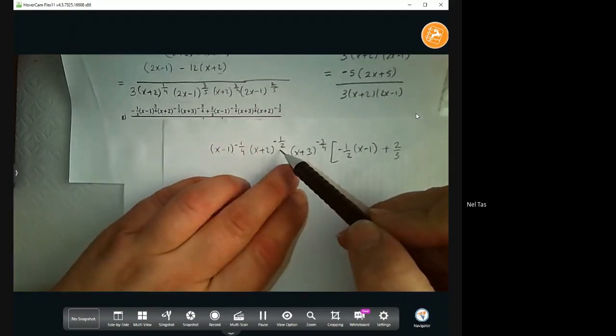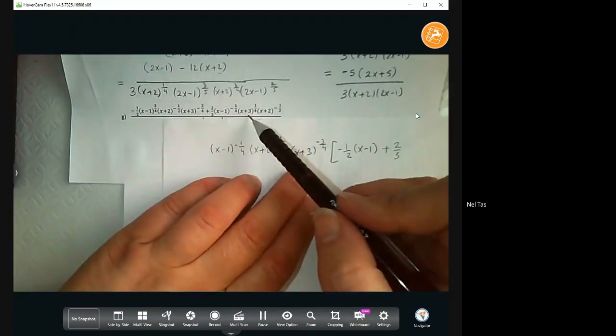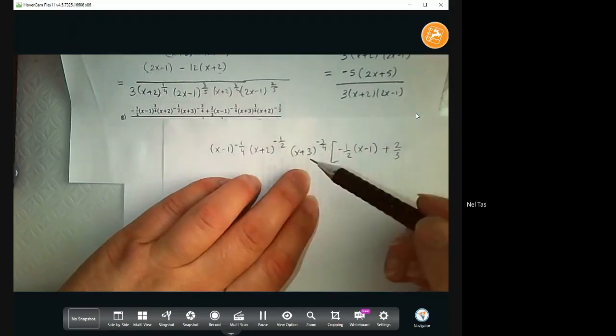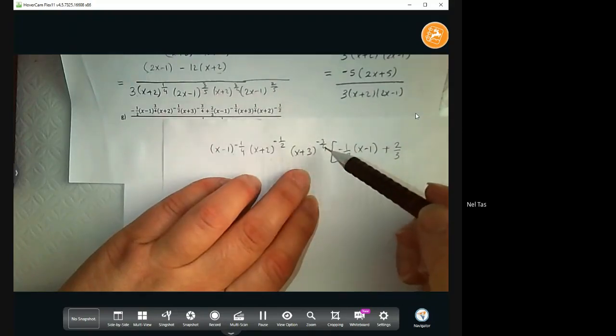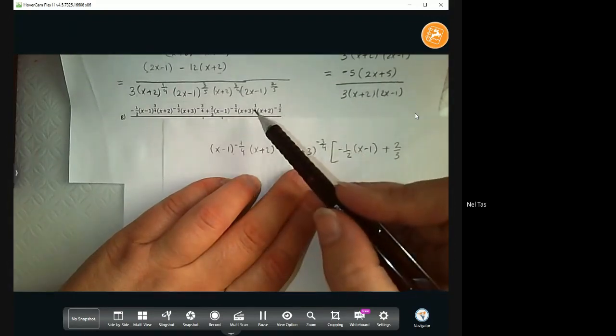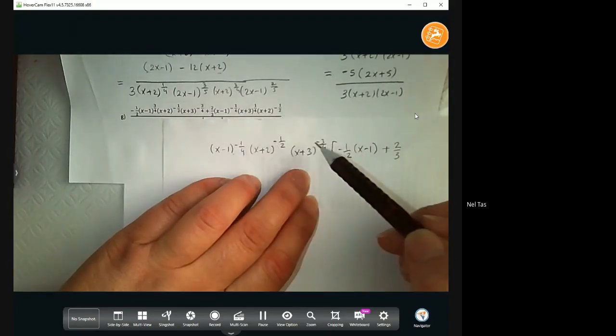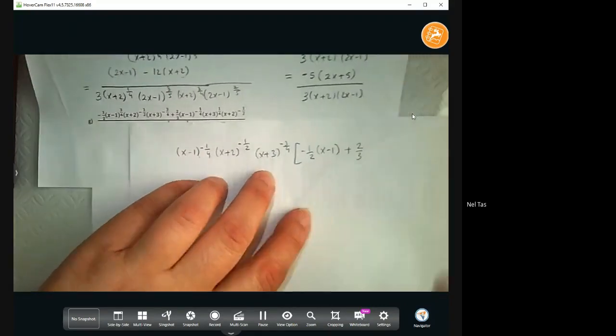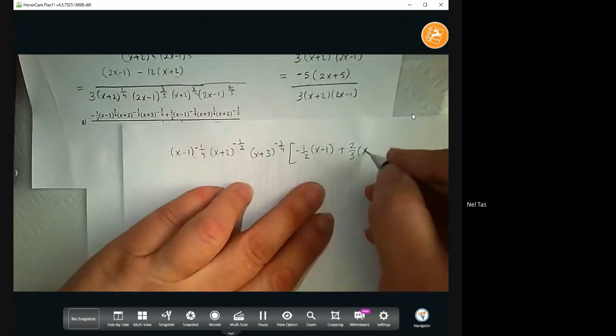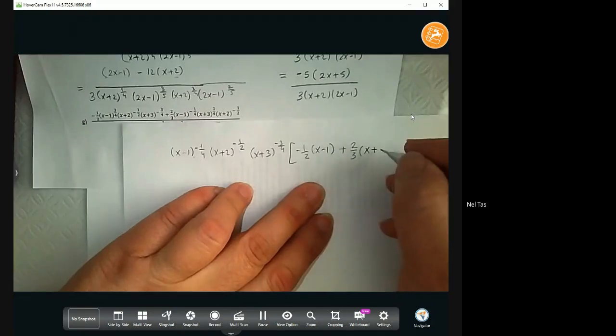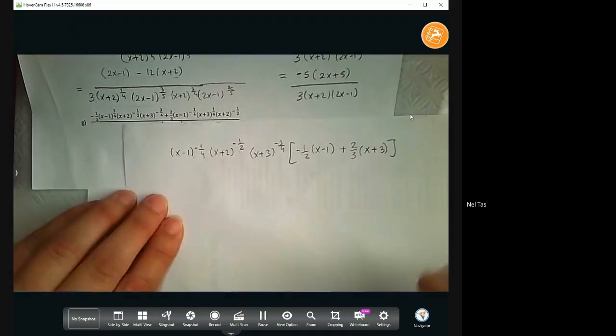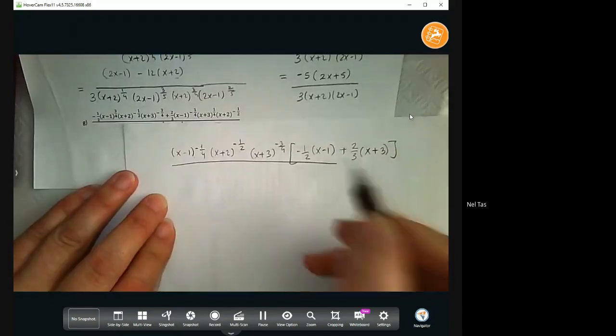Gone. x plus 3 to the power of 1 over 4 divided by x plus 3 to the power of negative 3 over 4. To subtract the powers, 1 over 4 minus negative 3 over 4 gives you 4 over 4, which is 1. So x plus 3 to the power of 1. The denominator is the same.